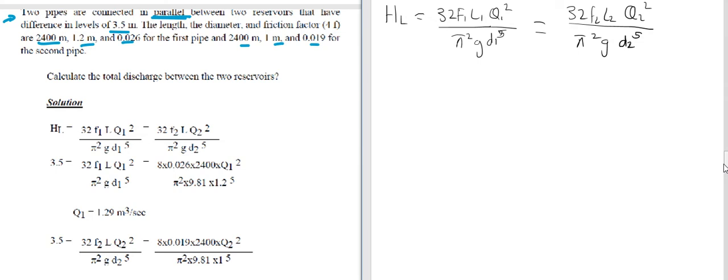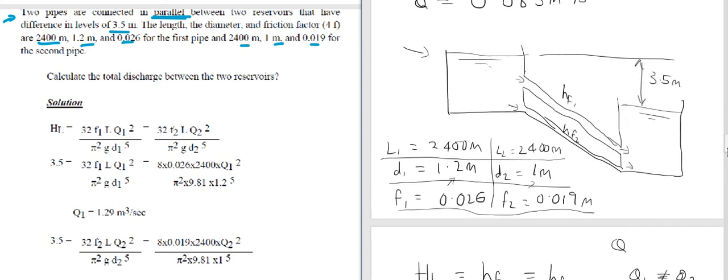We know HL. HL is 3.5 meters, the difference in the water level of the two reservoirs.